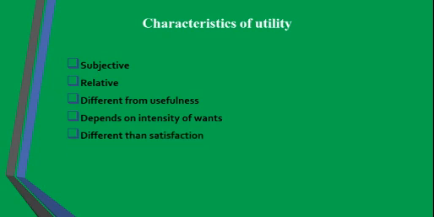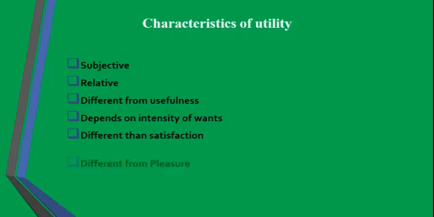Utility is not satisfaction, because satisfaction is a state of mind which a person receives only after fulfilling a need, while utility is an intrinsic capacity of a commodity or service to satisfy human wants. However, utility and satisfaction are interrelated but not the same.